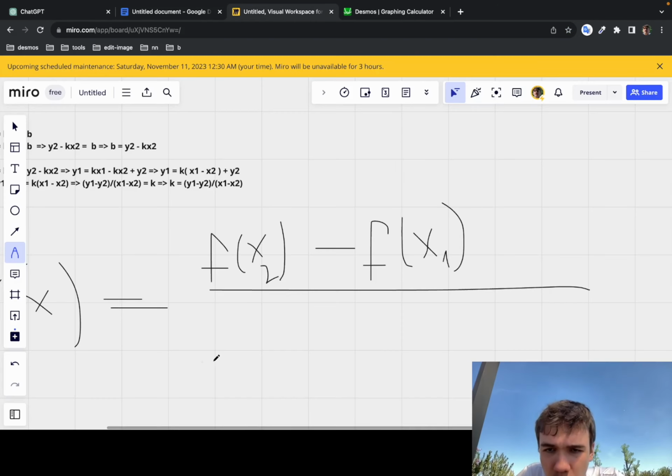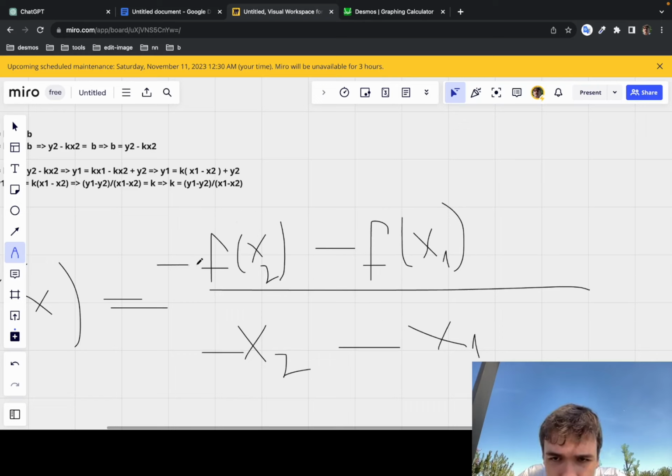Okay, that's pretty cool. So x2 minus x1, there is no difference. We could say f of x1 minus f of x2 and x1 minus x2. We'll just get negative numbers for both of them, but at the end, negative over negative is going to result in positive.